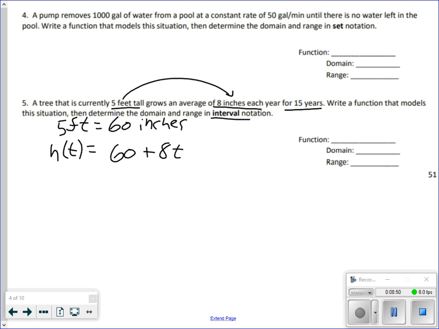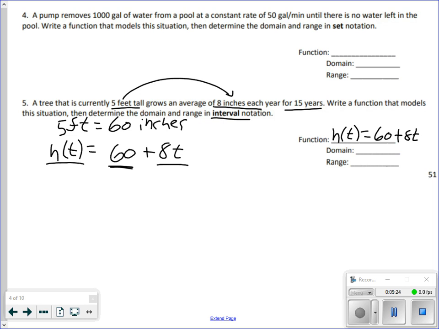So my h of t equals 60 plus 8t. My height of the tree, h of t, equals 60 inches where we started, plus 8 inches every t years. So if it was 2 years, we add 16 inches to 60, we get 72. All right, so that's what my function is going to be. H of t equals 60 plus 8t. We start at 60, and every t years, we grow 8 inches.